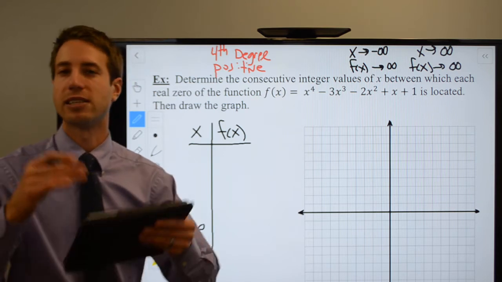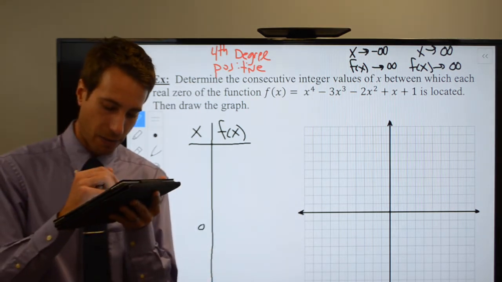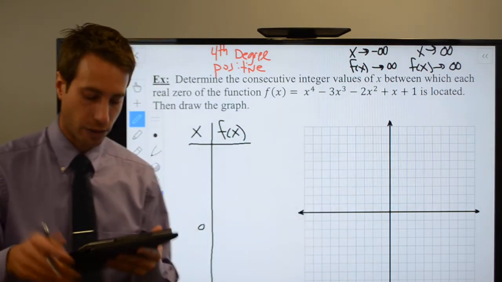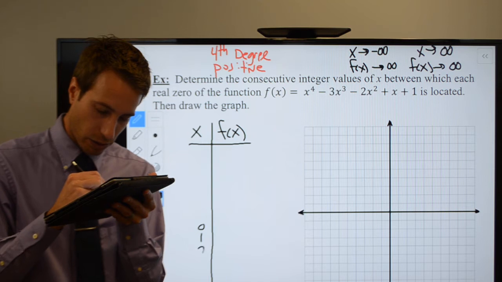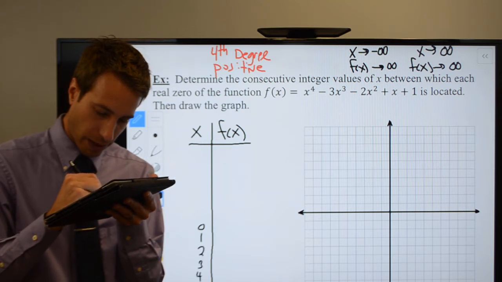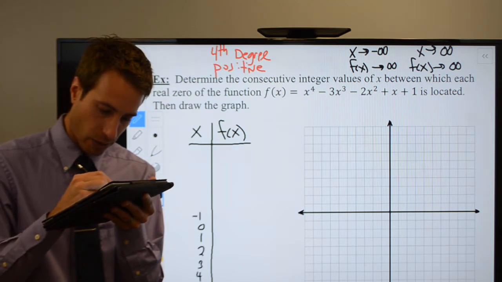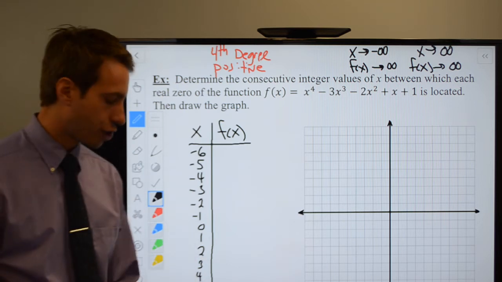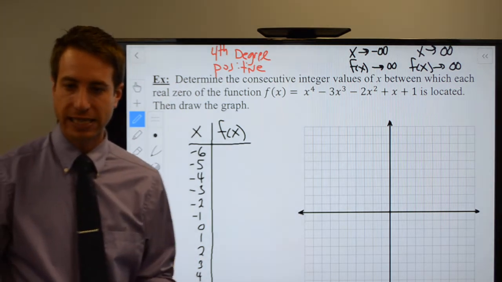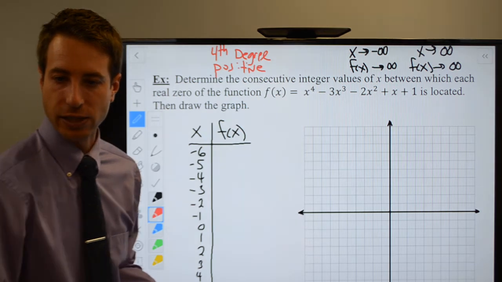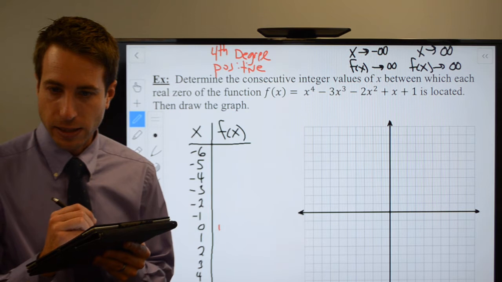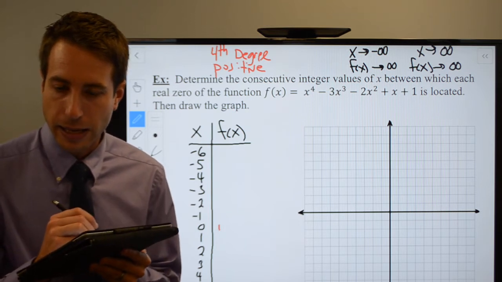So just keep going until you get numbers that don't fit on the coordinate plane that I've given you. 1, 2, 3, 4, 5, 6, negative 1, negative 2, negative 3, negative 4, negative 5, negative 6. Again, it's a lot of plugging and chugging in a calculator, which I already did ahead of time because it just takes a while. 0 is going to be 1. Positive 1 is going to be a negative 2.